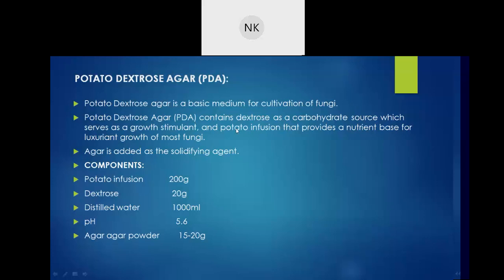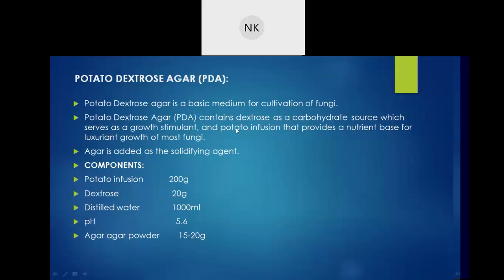It provides a nutrient base. That means by adding this potato in this media, it is acting as a rich base. That is, the potato infusion is acting as a nutritionally rich base which will encourage mold sporulation and even pigment production. Some of the dermatophytes are also able to produce pigments, and that is how you can identify what kind of fungi it is.